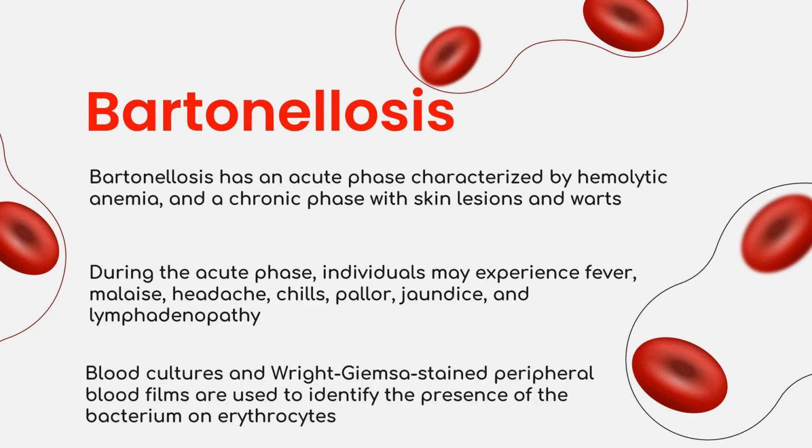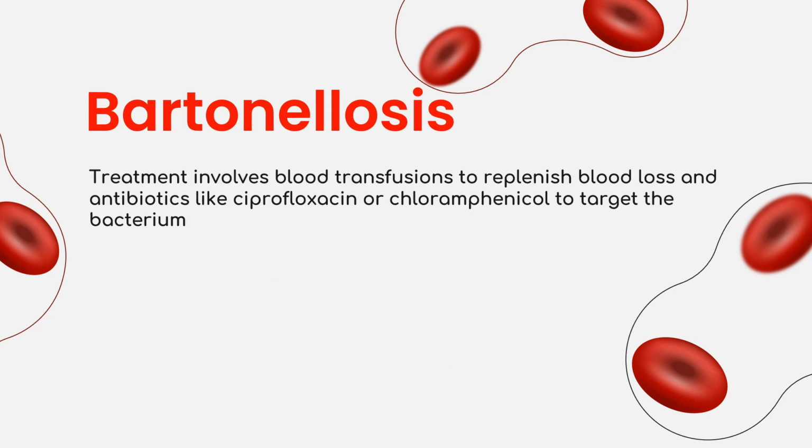To diagnose Bartonellosis, blood cultures are conducted, and a Romanowsky-stained peripheral blood film is examined. This enables the observation of bacilli or coccobacilli on the surface of the erythrocytes. Treatment for Bartonellosis involves a multifaceted approach. Transfusions are administered to replenish the lost blood, while antibiotics such as ciprofloxacin or chloramphenicol are prescribed to target the bacterium.